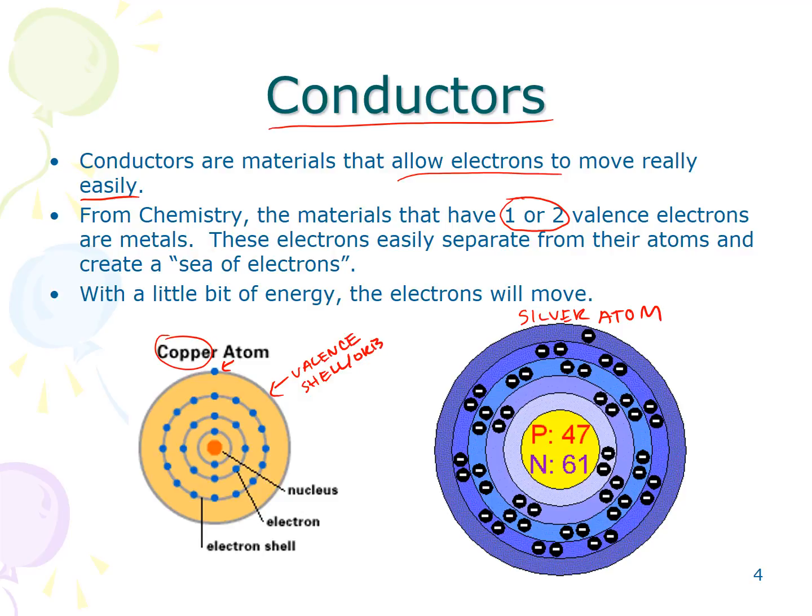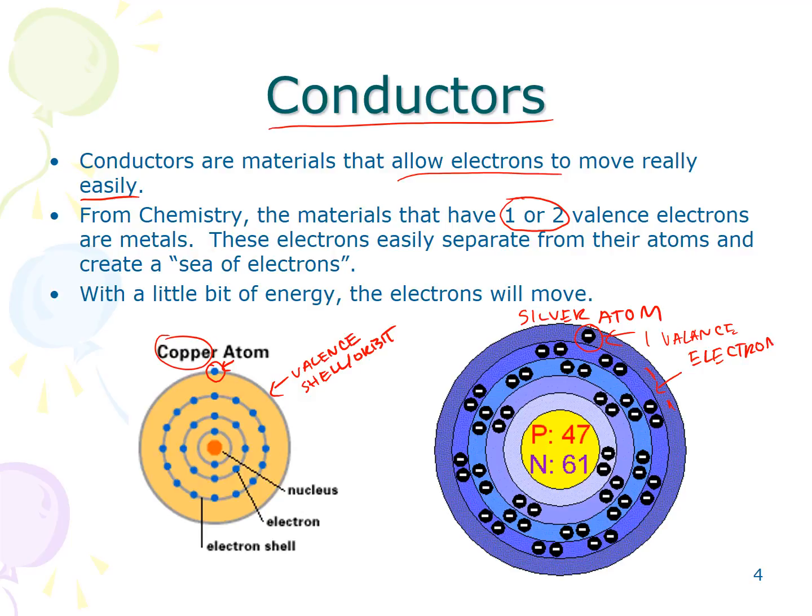In the outer shell, there's only one little electron in this copper atom. And if we look over towards silver, this darker area is the outer ring, and once again there's only one valence electron in that outer valence shell.